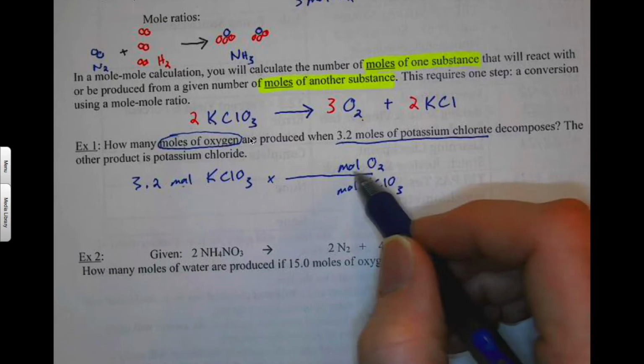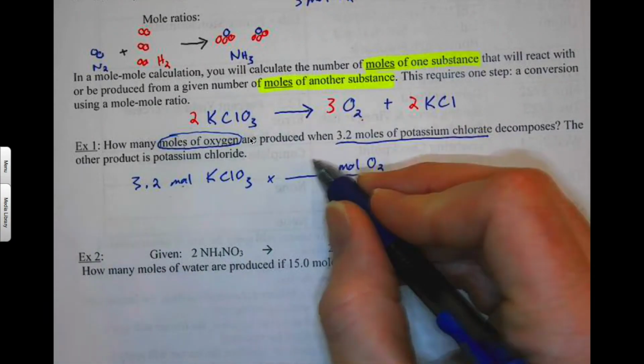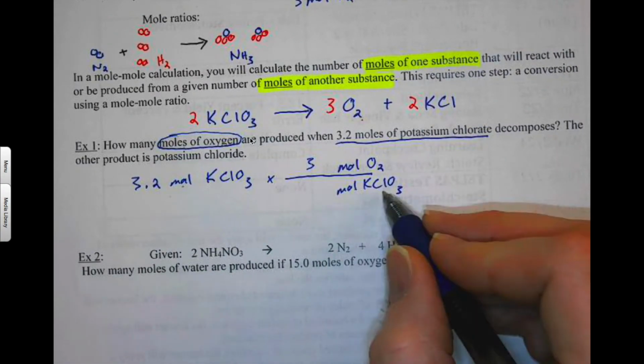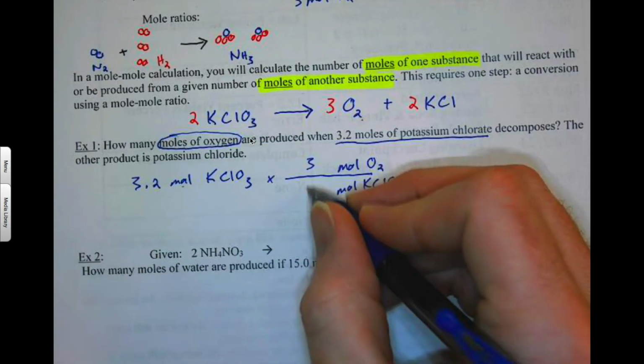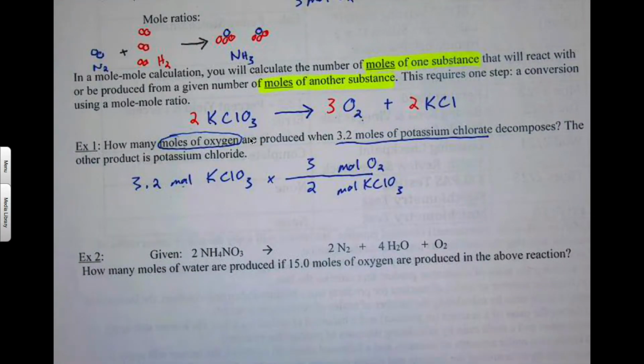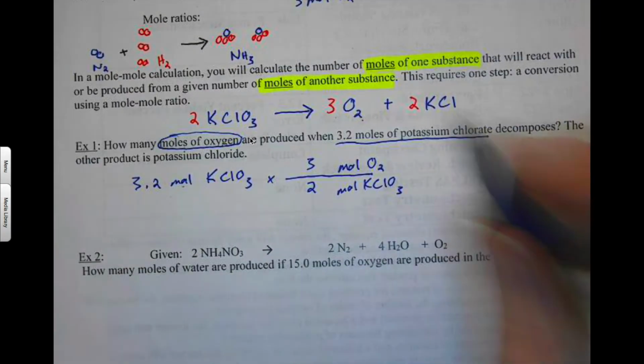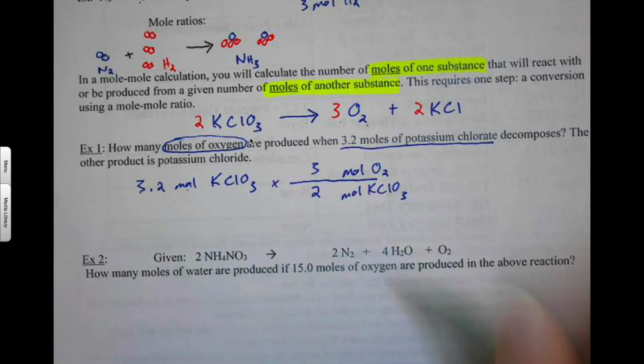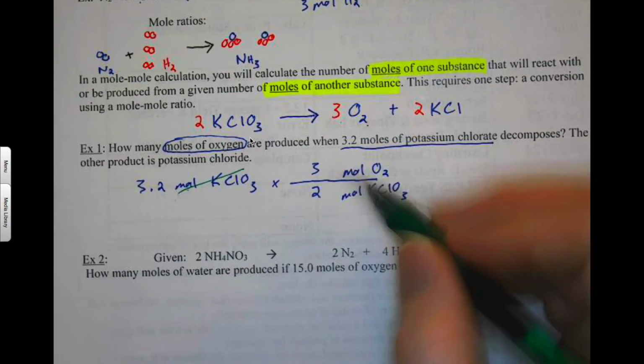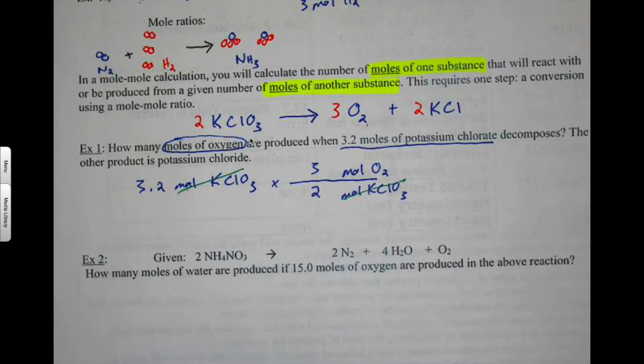So the moles of oxygen is 3, and the moles of KClO3 is 2. It's a 3 to 2 ratio. So that means that these are going to cancel out, and we're going to end up with moles of O2 at the end.